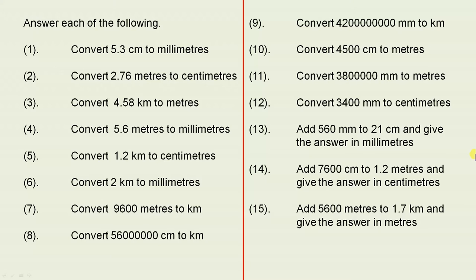Now, in the lesson we saw some basic units, for example the millimetre, the centimetre, the metre and the kilometre. And we saw that for short measurements, like with millimetres and centimetres for example, you can use a ruler.